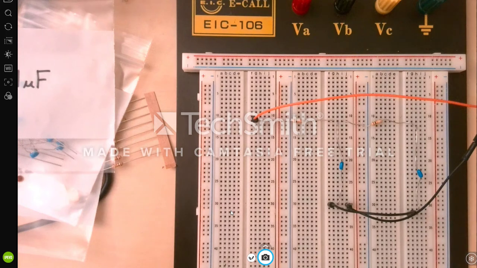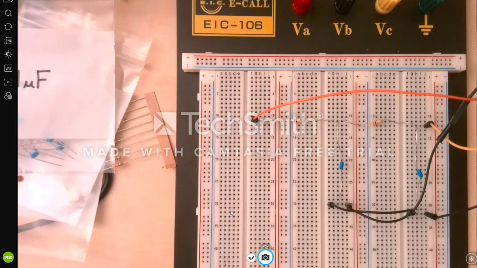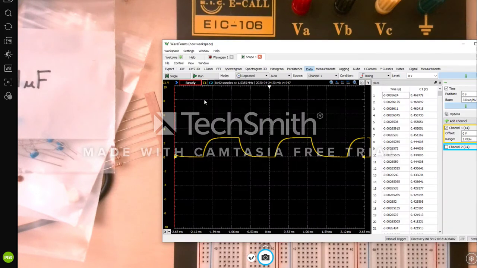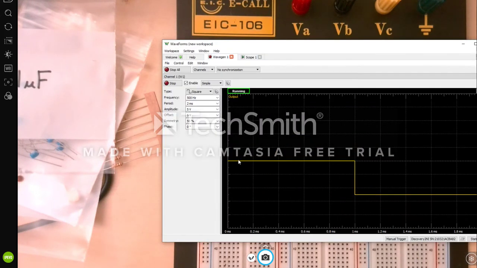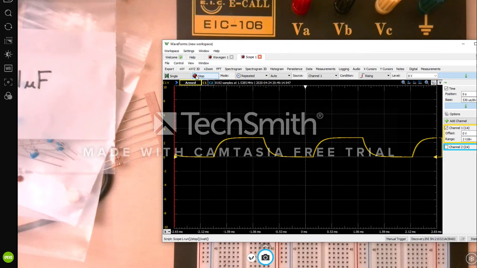Now let's plug in our channel to measure the voltage across the second capacitor. Again, we are going back to waveforms, still using the same waveform, the square wave, and run.